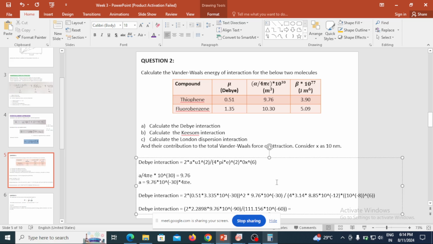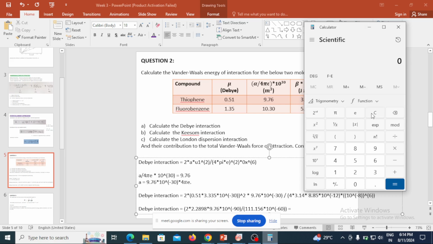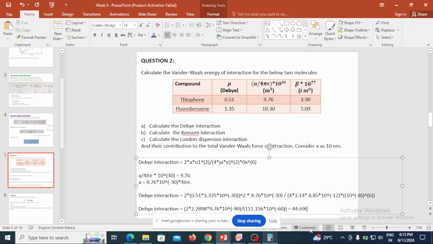So now let's calculate the numerator term. 2 times 9.76 times 2.2898, so 44.696, divided by 111.156, whole to the power 10 power.